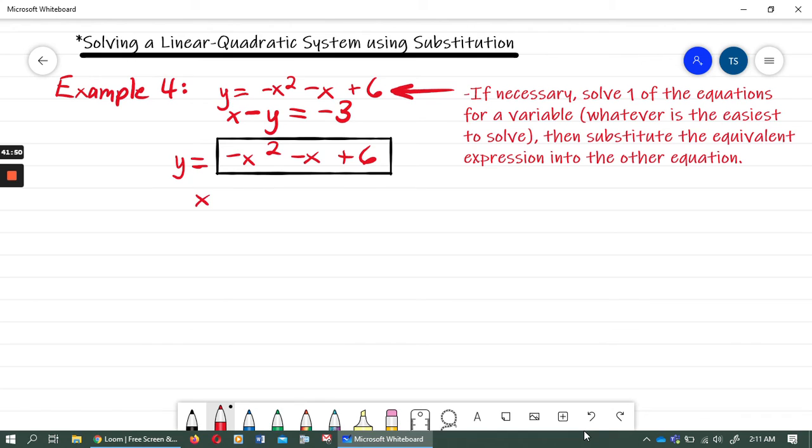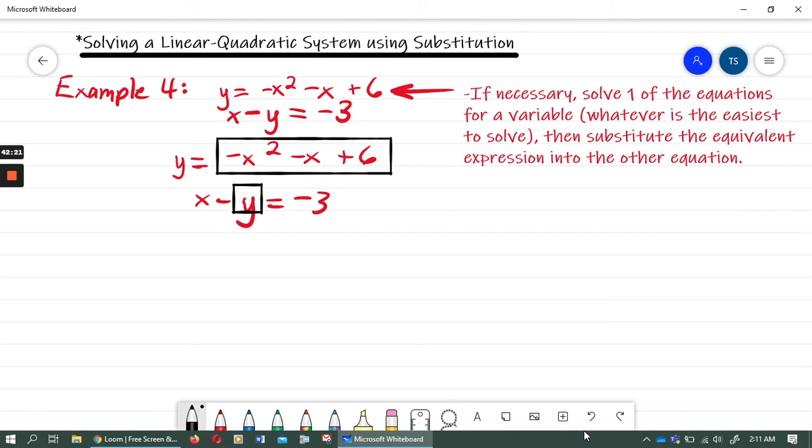The other equation is x minus y equals negative 3. So again, folks, here we want to substitute that equivalent expression, an expression that's equivalent to y, into the other equation, into this equation here.